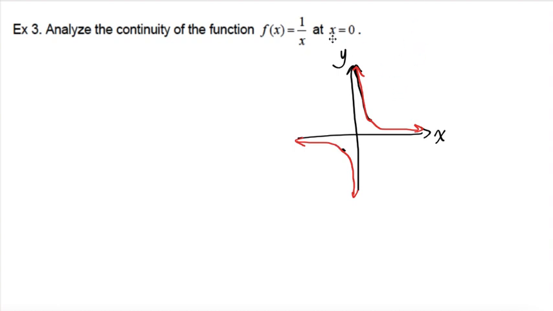And we want to see what happens at x equal to 0. So let's explore what happens as x approaches 0 from the left-hand side of our function 1 over x. And we can see from the graph as x approaches 0 from the left-hand side that we are going to start to approach negative infinity.